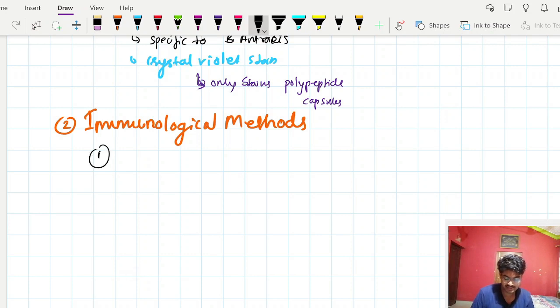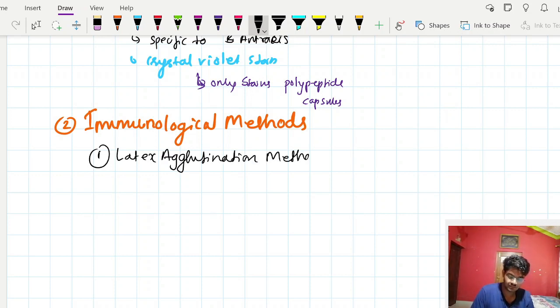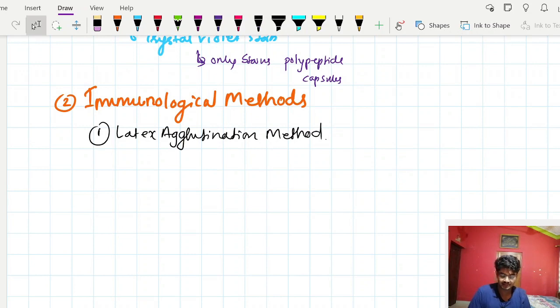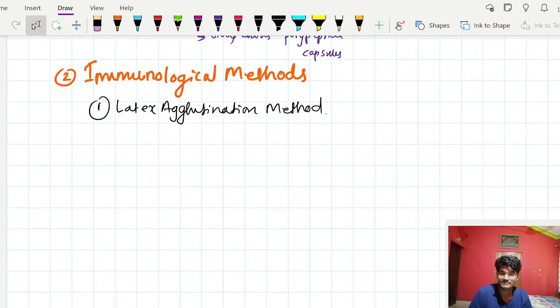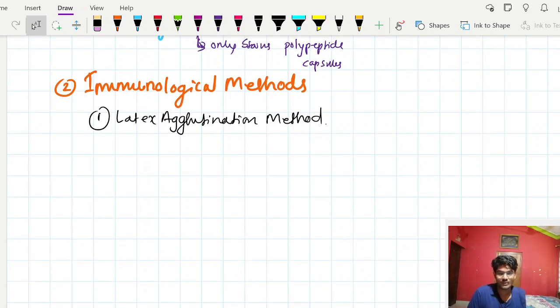The first one is the latex agglutination method. Here, on latex we coat anti-capsular antibodies. So when we add the serum that contains this capsule-containing bacteria, there will be an agglutination reaction. That is called the latex agglutination method.